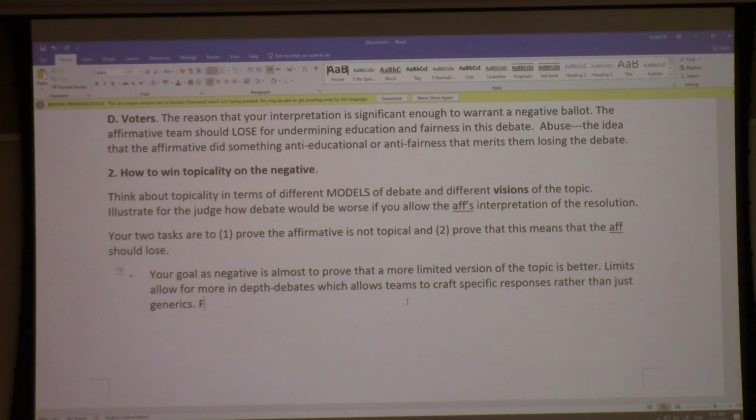So it forces better research skills, and it forces affirmatives to be tested more rigorously. So there's a smaller topic, it allows for more rigorous testing of the affirmative, and just in general, better debates.